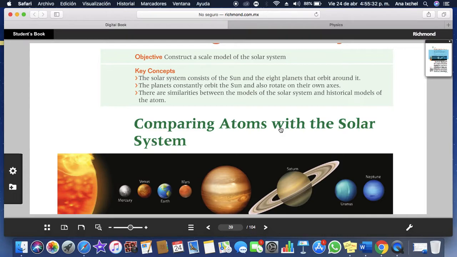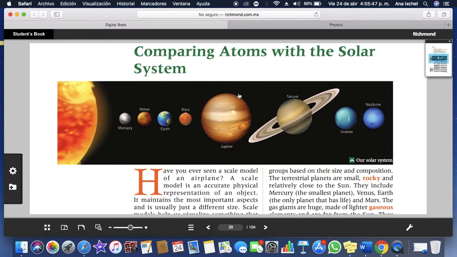And there are similarities between the models of the solar system and the historical model of the atoms. So we have here a picture of the solar system, and it is the sun, Mercury, Venus, Earth, Mars, Jupiter, Saturn, Uranus, and Neptune.